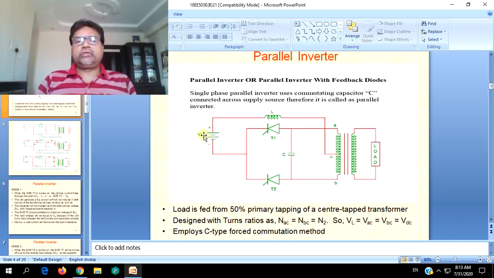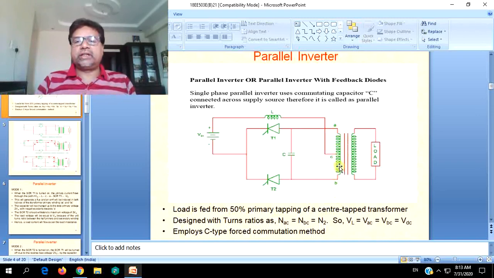So this has a voltage source, a center tap transformer, and the load connected to the secondary of the center tap transformer. The supply is given to the 50% tapping of the transformer. Now C will be positive and A will be negative for a given interval.